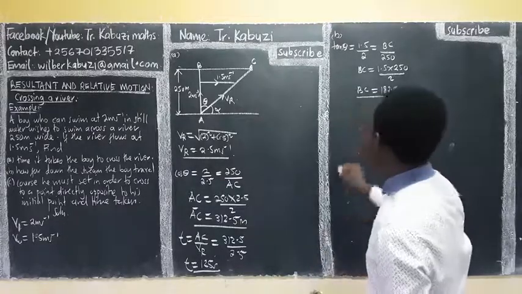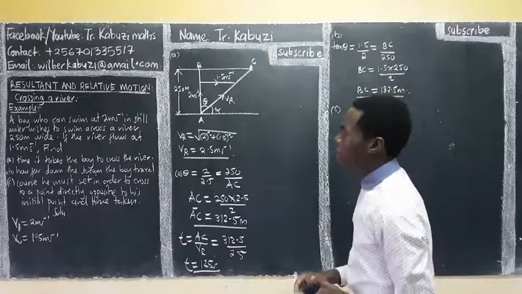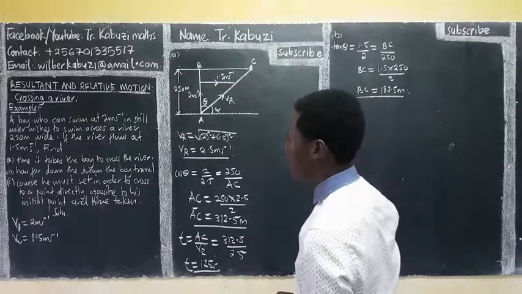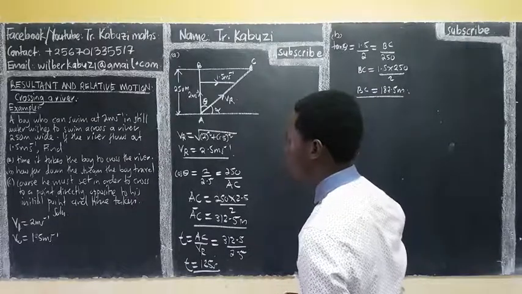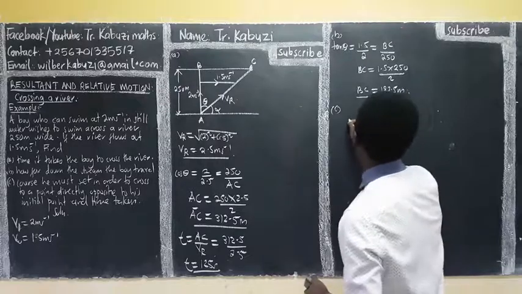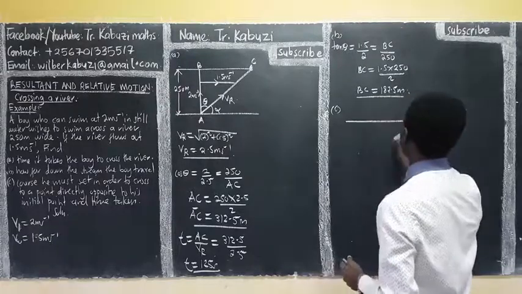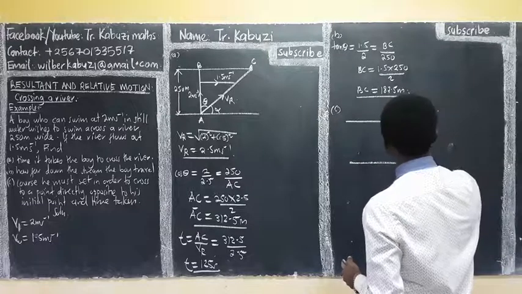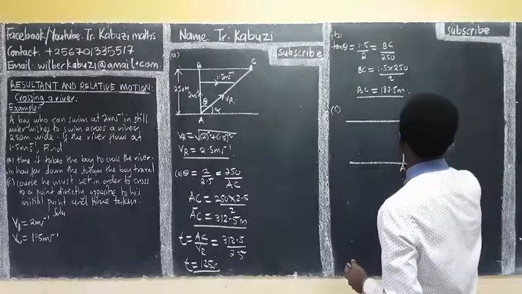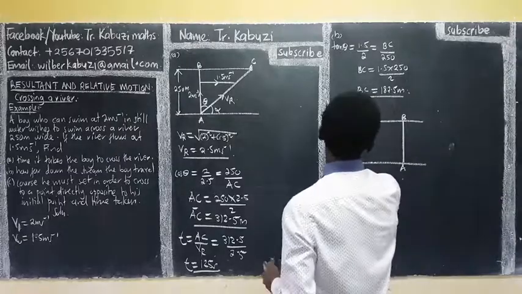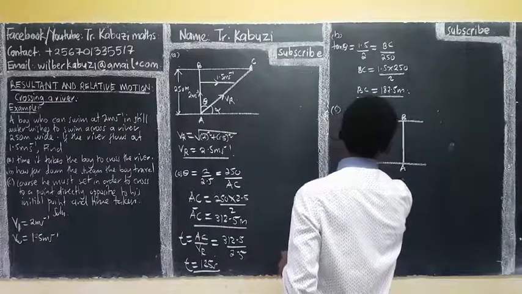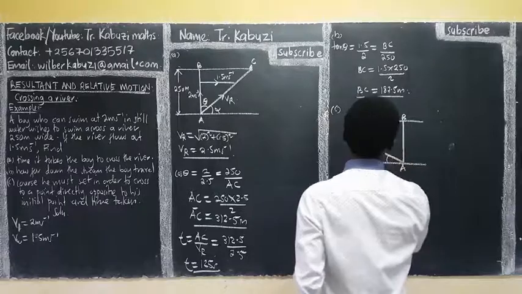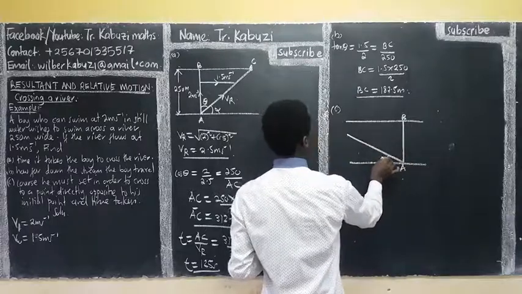Now part C: the course he must set in order to cross to the point opposite to his initial direction. If you would like to get the opposite, then we change the sketch. He wants to go from A to B. If he's doing that, then he has to take that course, let us call it beta.